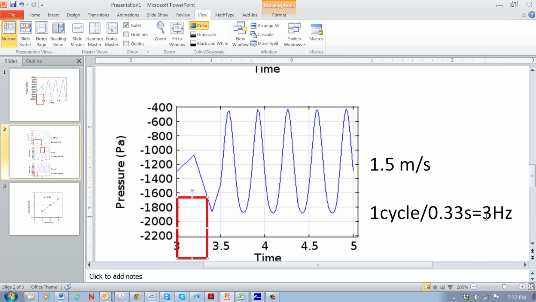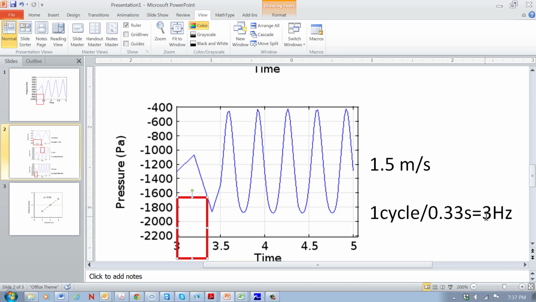Okay, so now what we're trying to do is see if this structure, this circular rod or cylinder in a flow, can cause these Karman vortex streets that result in a fluctuation in pressure that correlates to the flow.